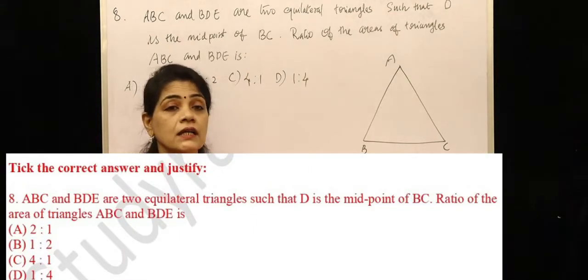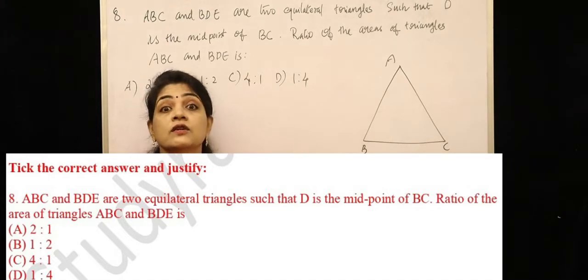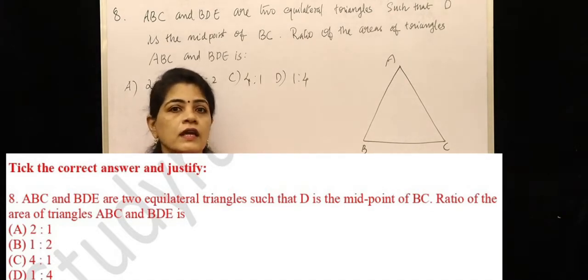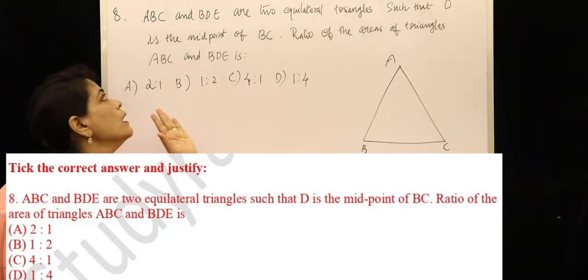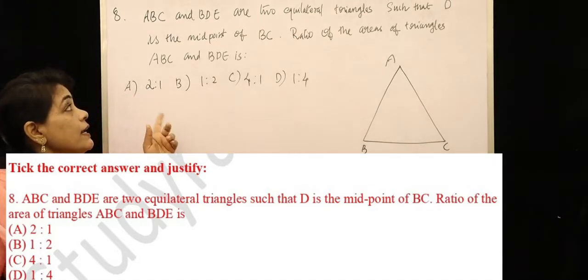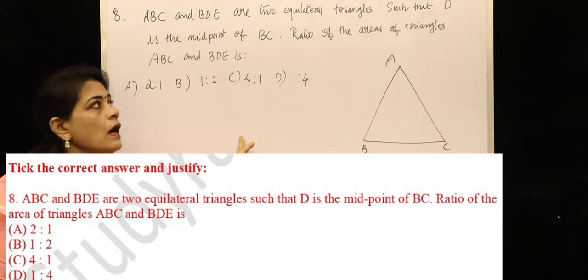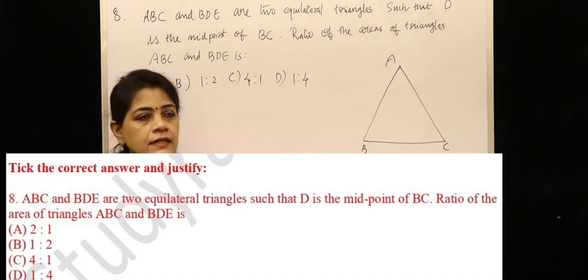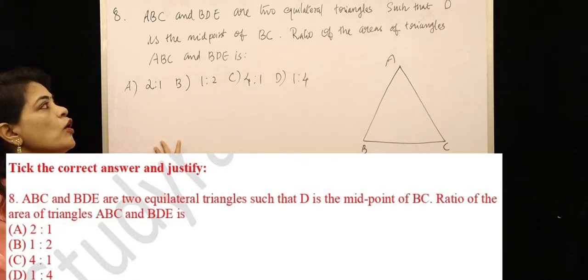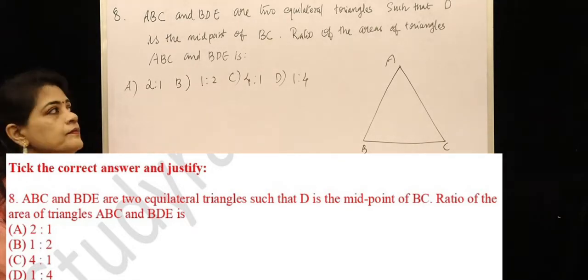Here we have to tick the correct option and justify our answer. Four options are given, and the question is: triangles ABC and BDE are two equilateral triangles such that D is the midpoint of BC.